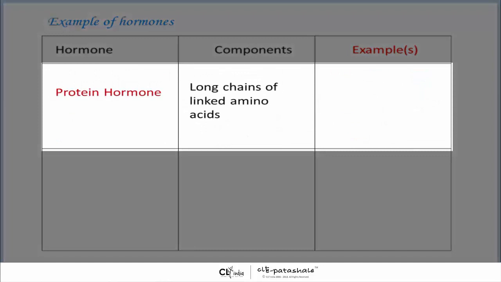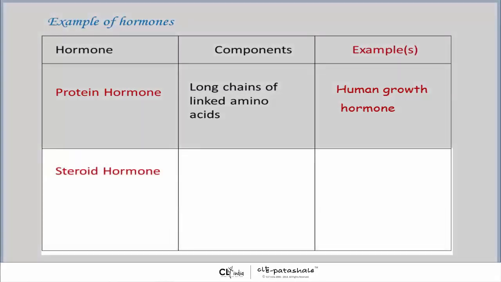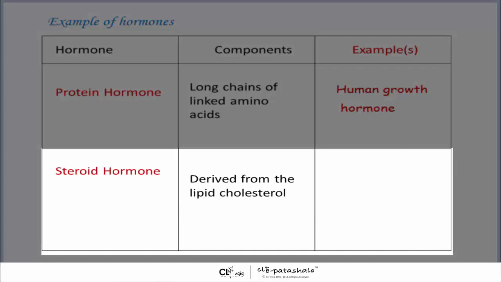Protein hormone, which is made up of long chains of linked amino acids. Examples include the human growth hormone. Steroid hormone is derived from the lipid cholesterol, and the best examples would be testosterone, progesterone, etc.